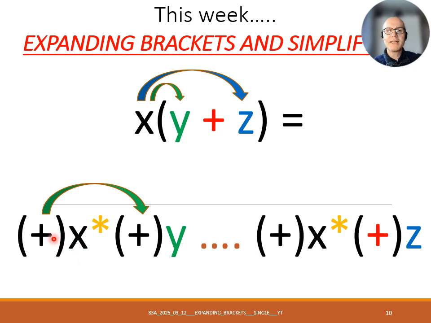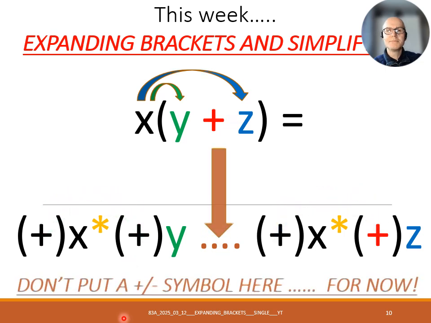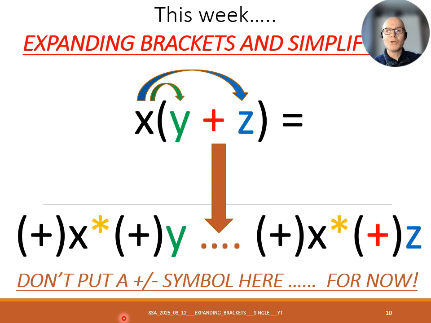So positive x times positive y, and positive x times positive z. So split this equation into two parts.